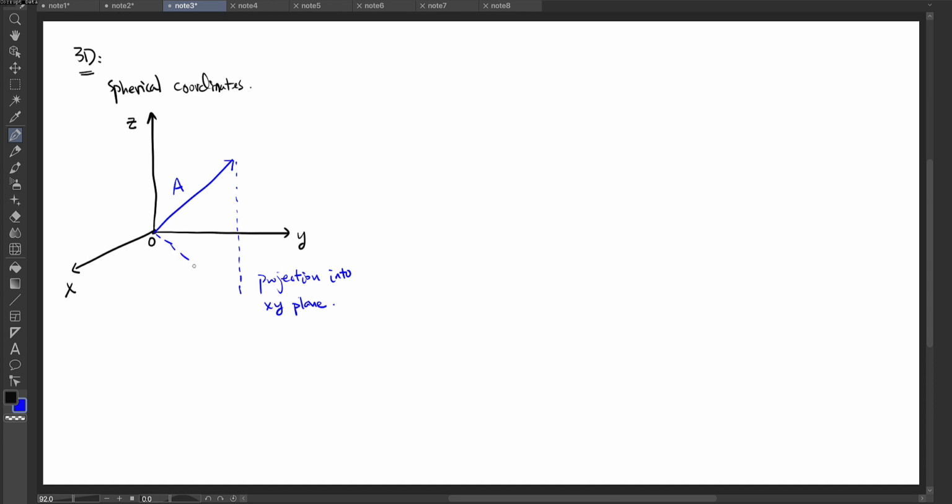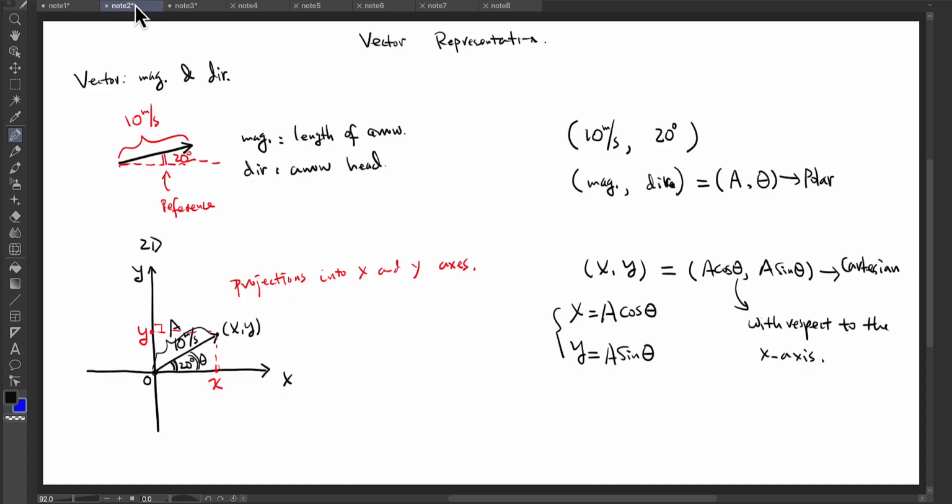Let me again use a dashed line because it's an intermediate object. It also has a direction, along this direction. Now I need to do a further projection. I need to project this dashed line vector, which is a two-dimensional vector, into the x and y axes, just like what we did in the previous picture.